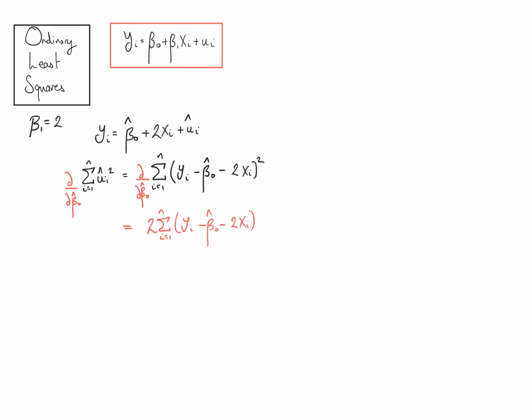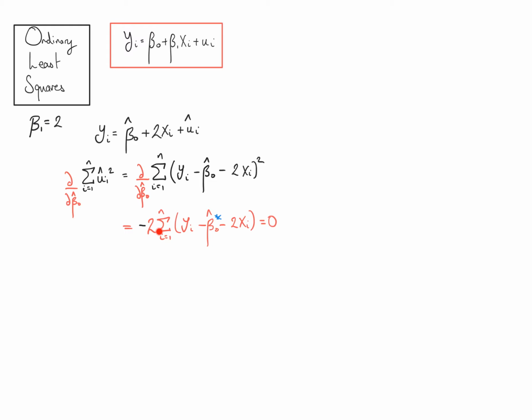The derivative of yi with relation to beta naught hat is just 0. The derivative of minus beta naught hat with relation to beta naught hat is minus 1. So that turns this negative. And the derivative of 2xi with relation to beta naught hat is 0. So we can now set this equal to 0 and say that the optimal beta naught hat is this.